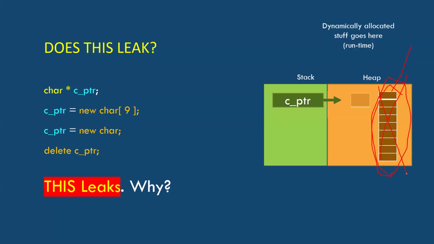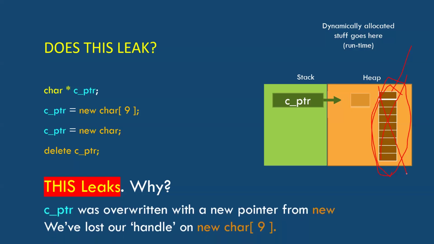So in languages like Java and Python, if that chunk of memory over there is no longer cared for by anyone, then the garbage collector just picks it up and returns it to the pool of available memory. C++ does not have a garbage collector, and so we have to be the garbage collector for that stuff.